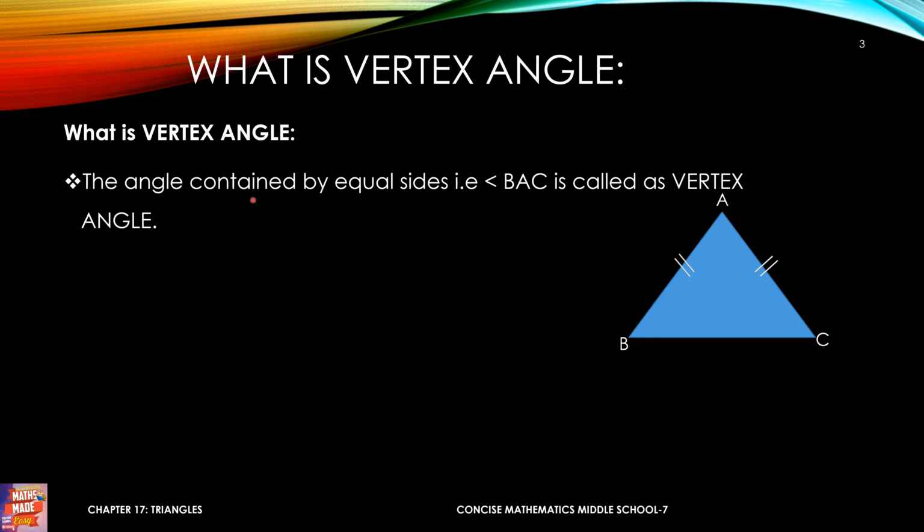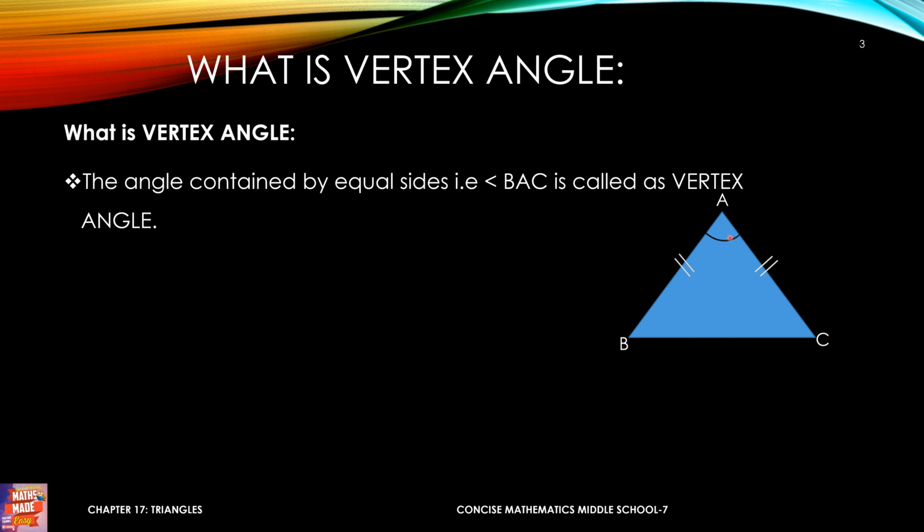The angle contained by the equal sides. In this triangle, which two sides are equal, children? AB, AC. These two sides are equal. And containing these two sides, which angle is there? At vertex A, you can find this angle. This angle BAC contains the two equal sides.